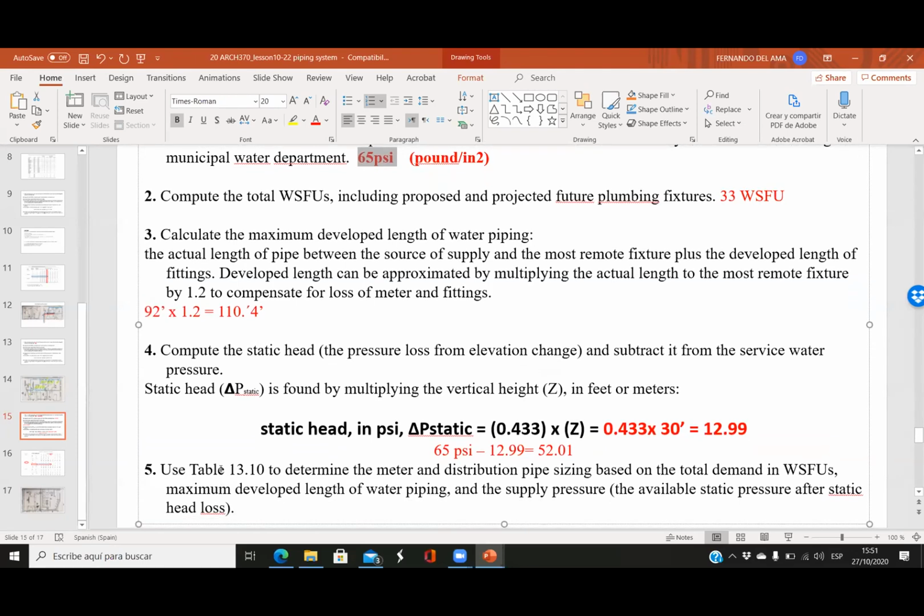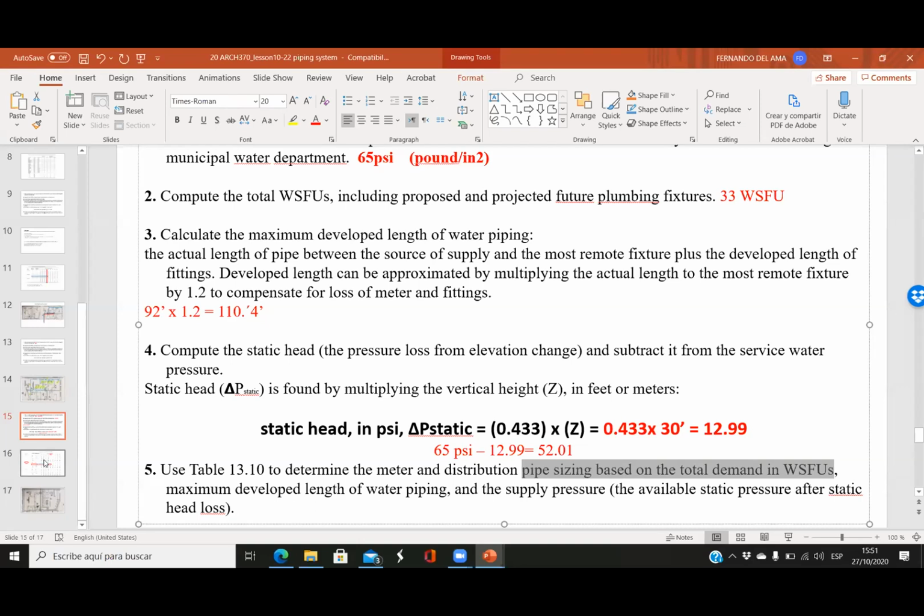Finally, we use table 13.10 to determine the minimum pipe sizing based on this demand. Then we compare this number with the rule of thumb, just to check if what we have done is good or not.